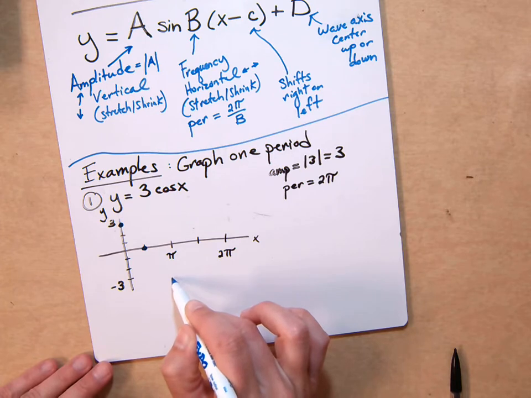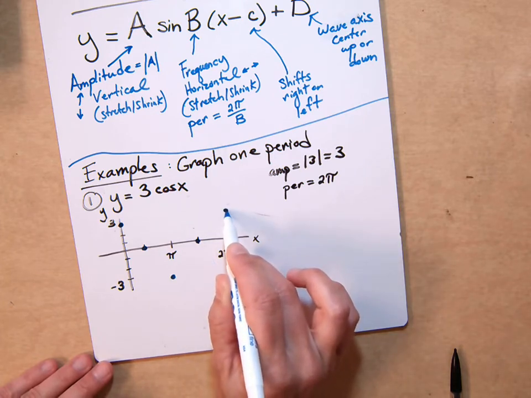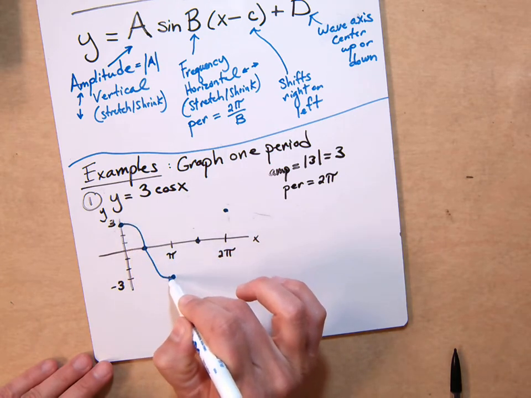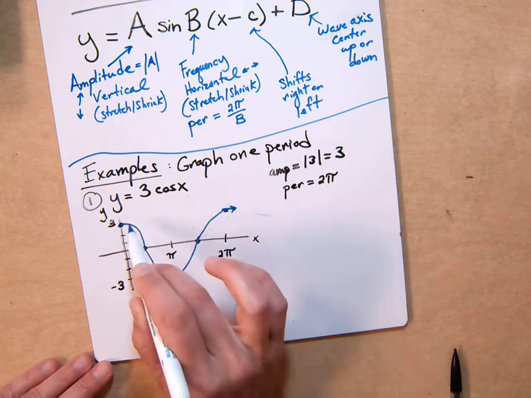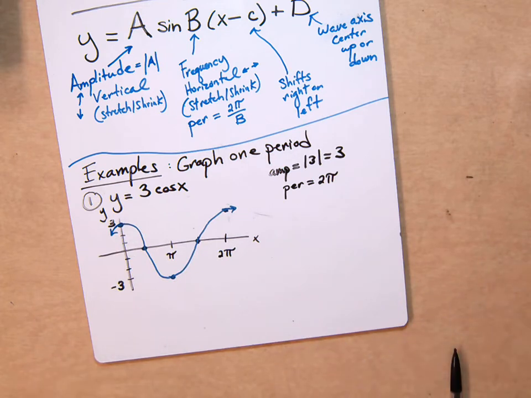There's only one place to go. Low, middle, high. So here's your shape. Make sure it's a nice curve. And I'm done sketching. I'll put arrows on the end to make sure you know it keeps going, and that's one period of cosine. So there questions?